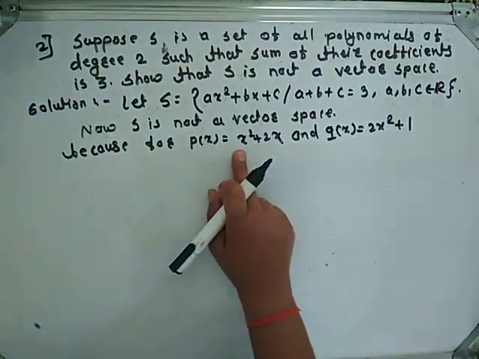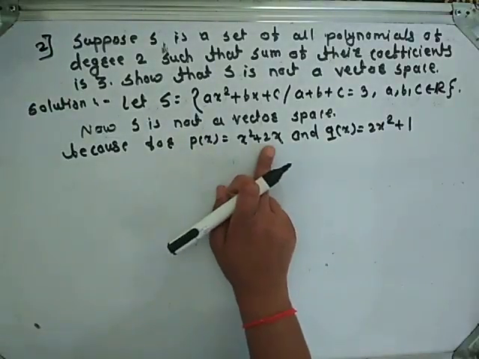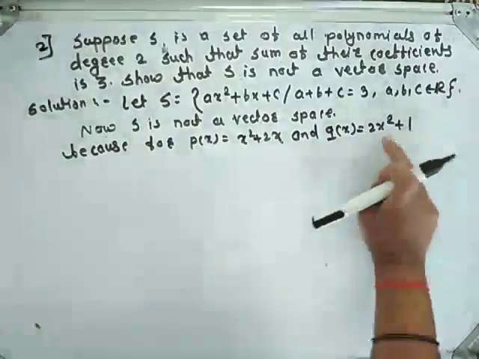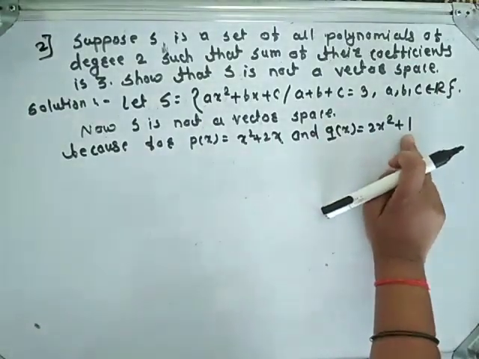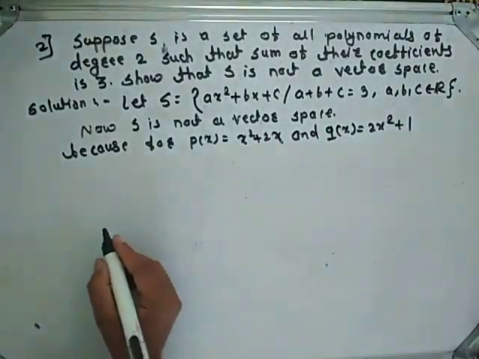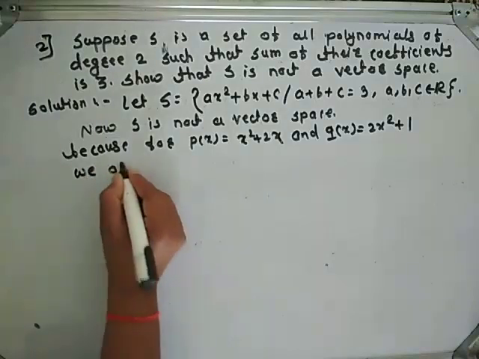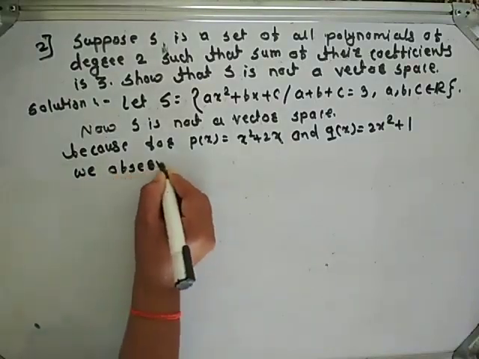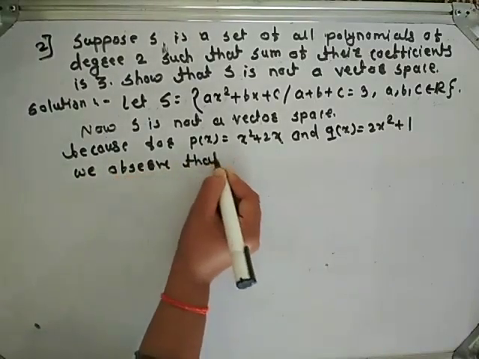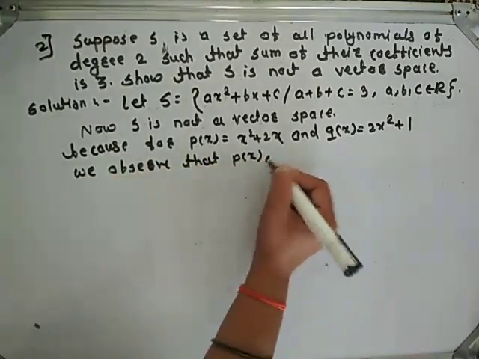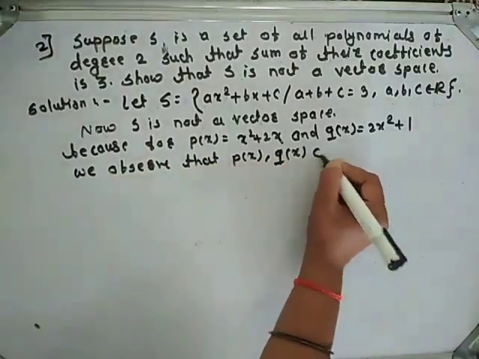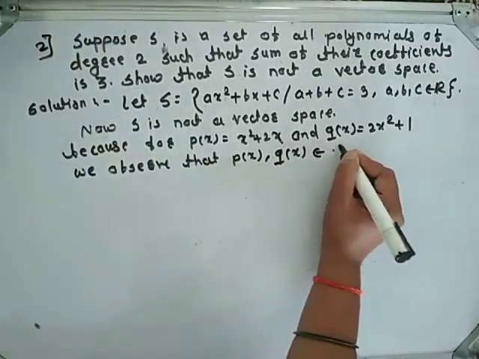Sum of their coefficients is 2 plus 1 is 3. Also here the sum of their coefficients is 3. We observe that p(x), q(x) belong to S.